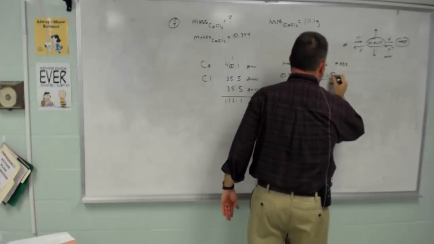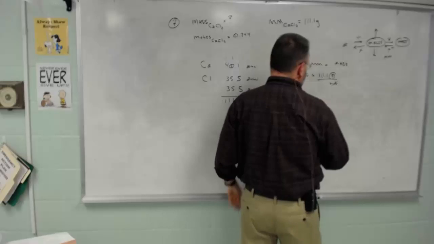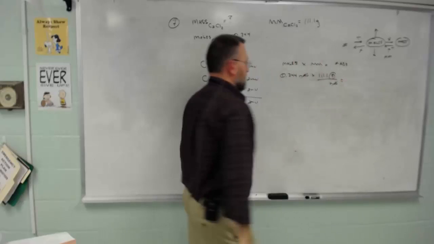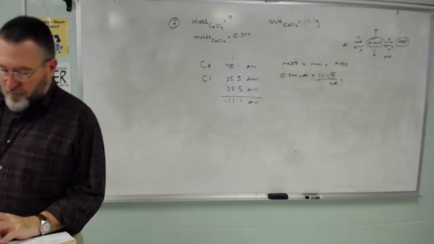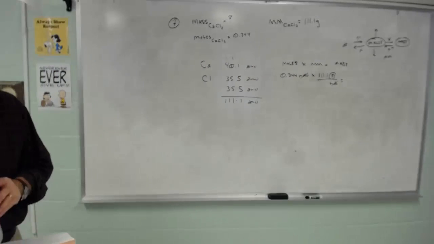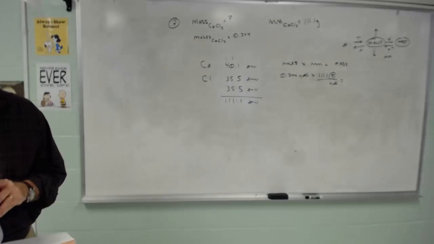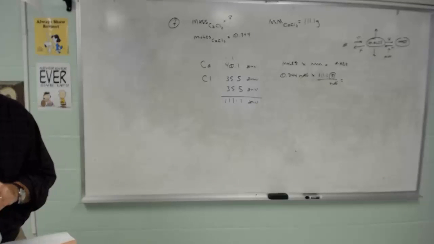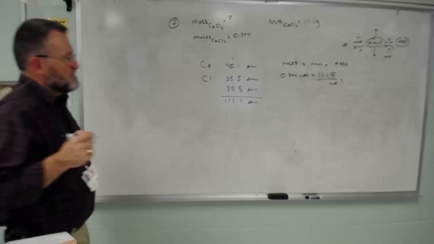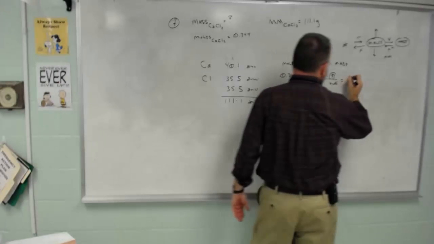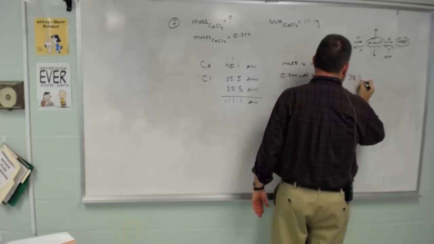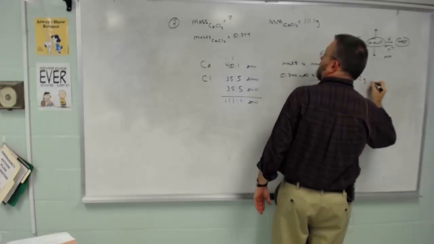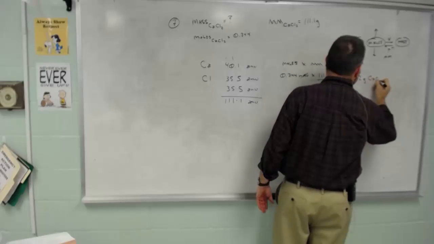I'm left with grams, and that's what I was asked for. So I do the math. 0.344 times 111.1 is 38.2. 38.2 grams of calcium chloride.